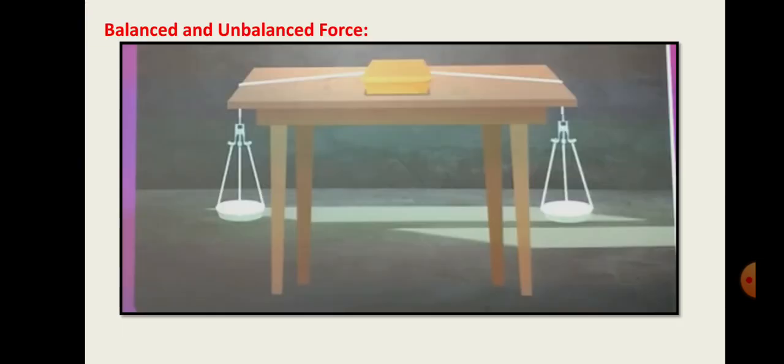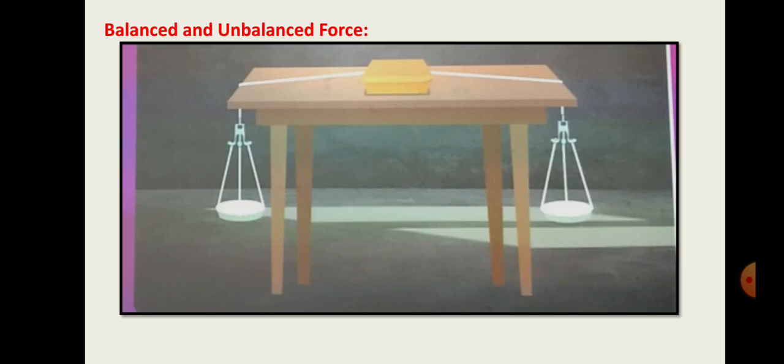Now we are going to study about balanced and unbalanced force. And now I am going to show you a video with the help of which you will understand the balanced and unbalanced force very easily. We have to arrange the things as shown in the picture. We have to take a cardboard box.